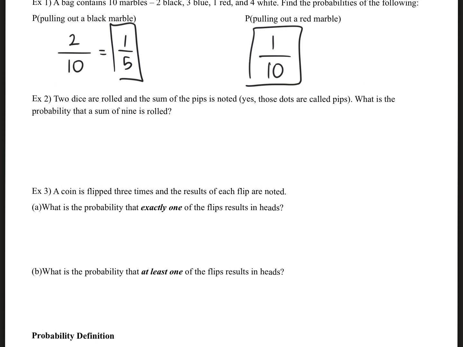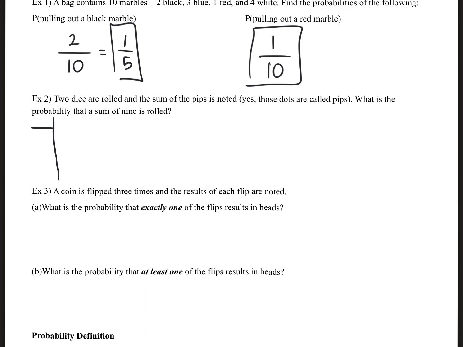Our second example says 2 dice are rolled and the sum of the pips is noted. The dots on a die are actually called pips. What is the probability that a sum of 9 is rolled? Now this is a little bit different because it's not asking you what's the probability you roll 2 dice and you get a 9. It's asking that if you roll 2 dice and you add the numbers on those dice, you get a 9.